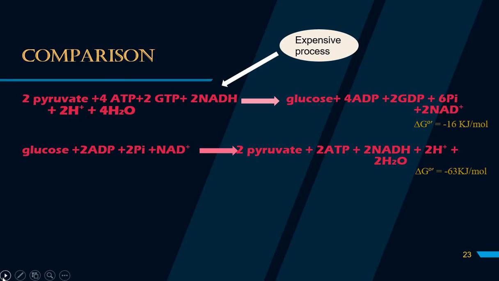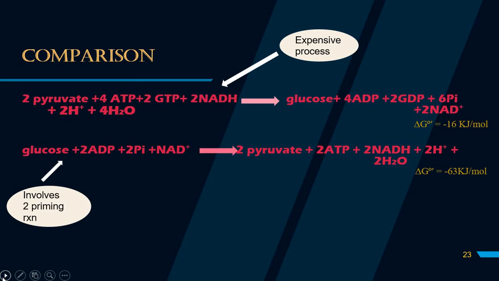In case of glycolysis, 1 molecule of glucose is being used to produce 2 molecules of pyruvate and 2 ATP molecules are being produced, which shows it is an energy giving reaction or energy producing reaction. At the same time, the glycolysis cycle also involves 2 priming reactions.